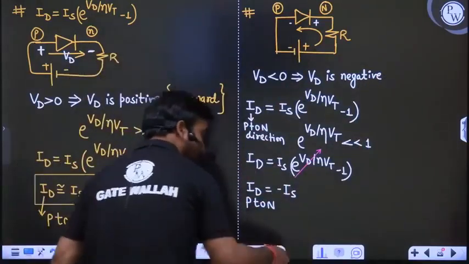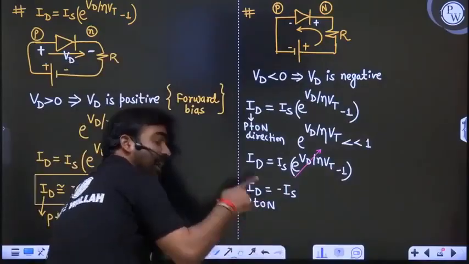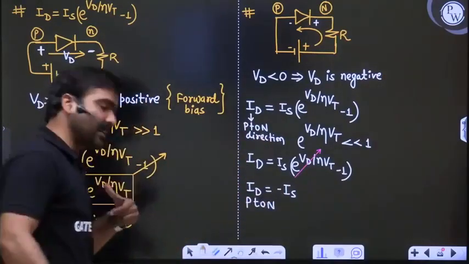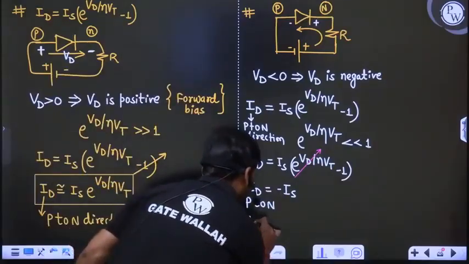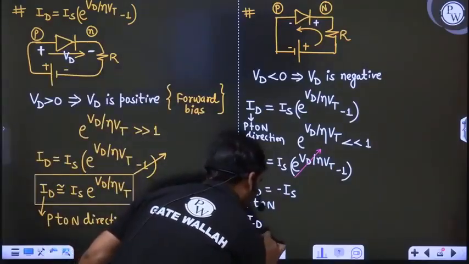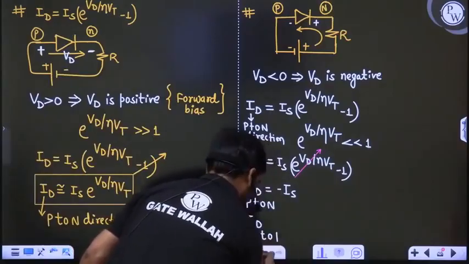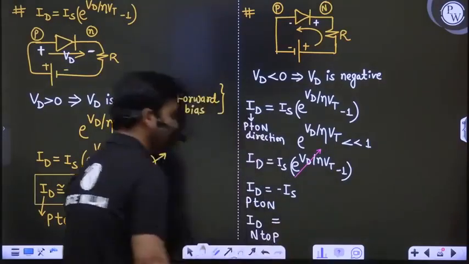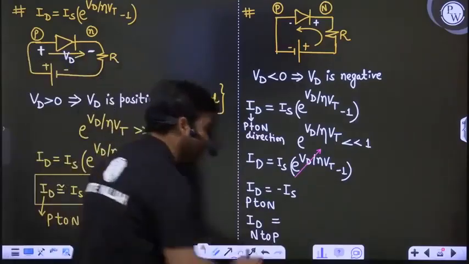Then what is the meaning of Id in N to P direction? P to N is minus Is, so in N to P direction, Id is plus Is.